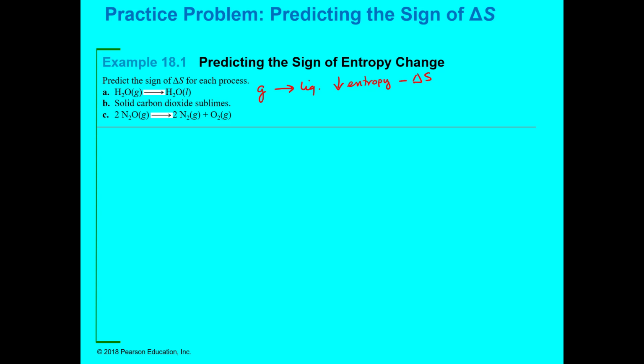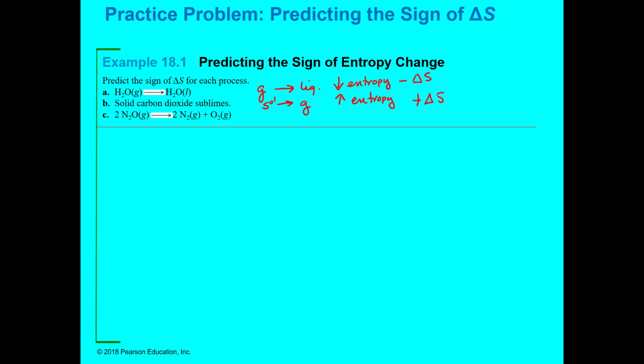It sublimes into gaseous carbon dioxide. So it's going from a solid directly to a gas. That's going to be an increase in entropy, right? Or a positive delta S, because that is going to go from a very ordered, organized situation as a solid to a much more randomly organized situation as the gas.